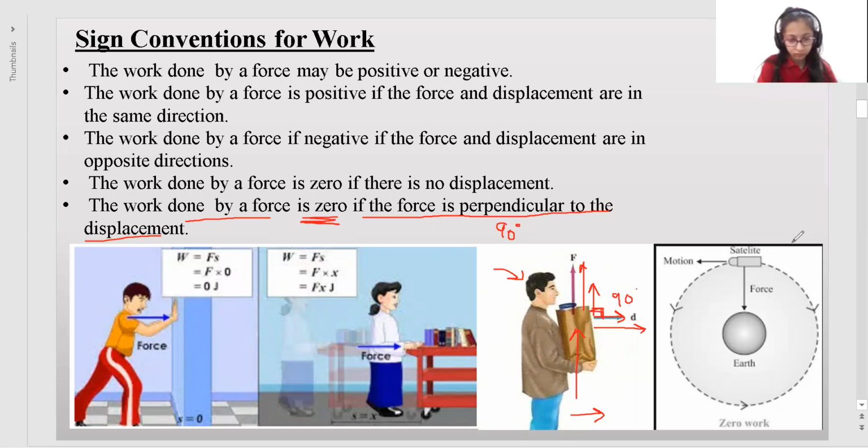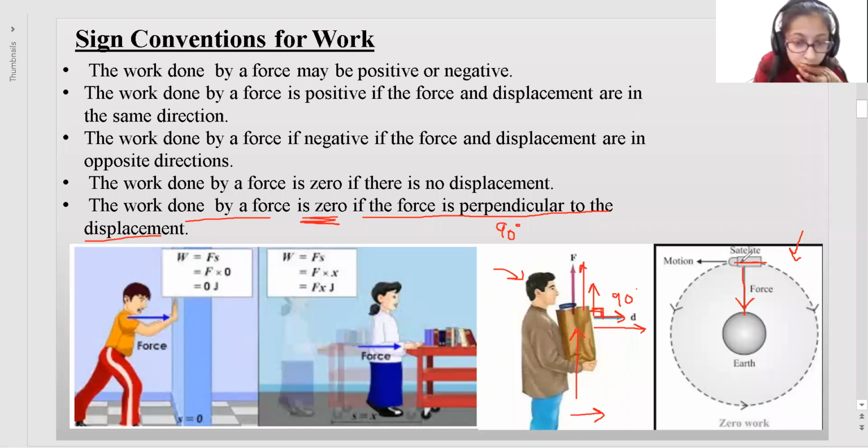Here also you can see a figure in which a satellite is revolving around the earth. We know that the force acting on a satellite is the gravitational force, and it is towards the earth. The direction of the satellite's motion is always along the tangent. This we have studied in the previous chapter on gravitation.